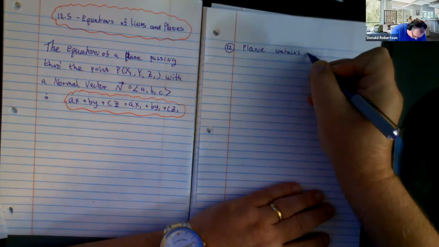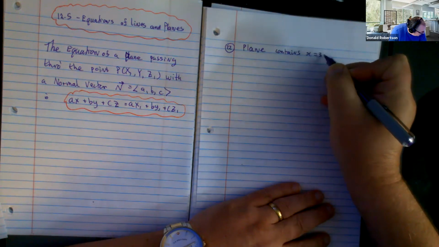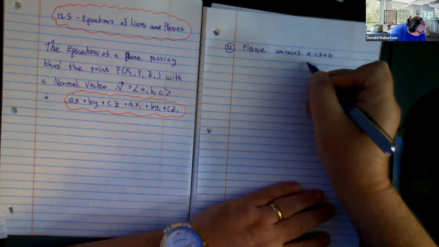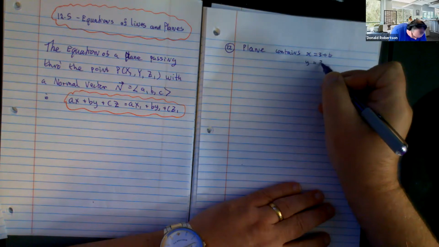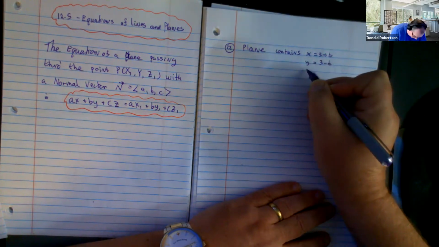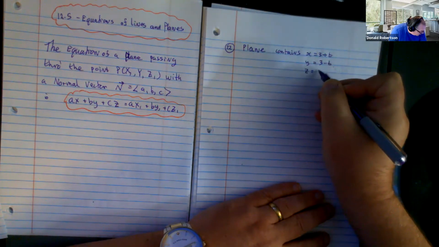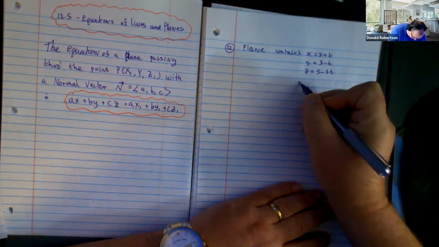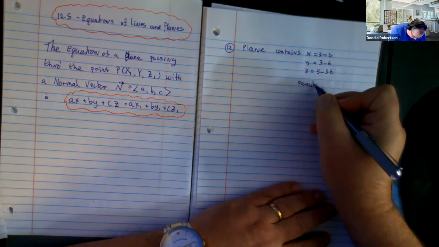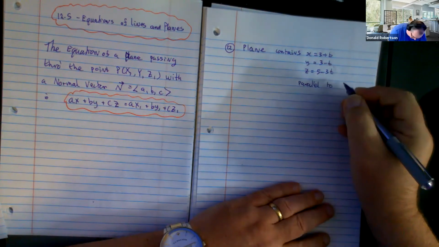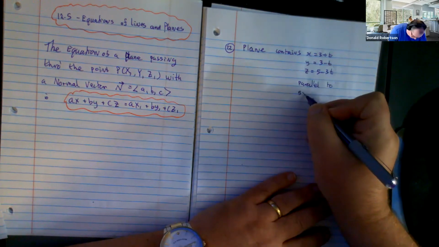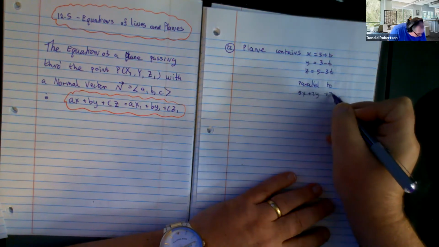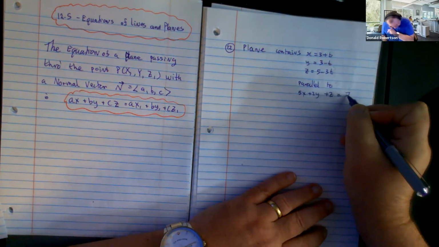So it contains the line x equals 3 plus t, y equals 3 take away t, and z equals 5 minus 3t, and it's parallel to 5x plus 2y plus z equals 7.